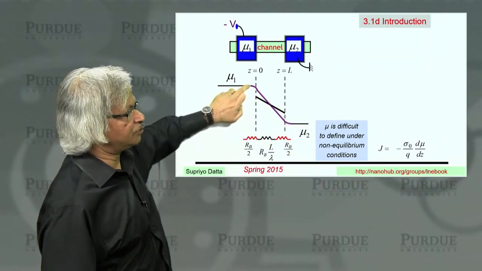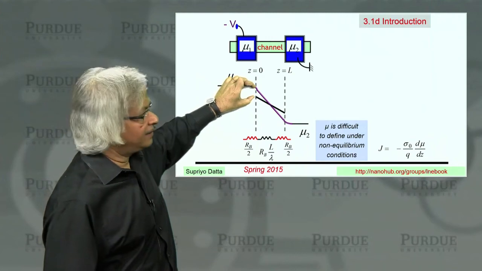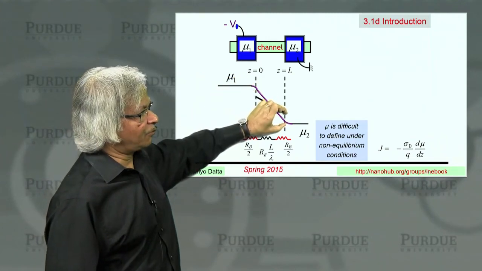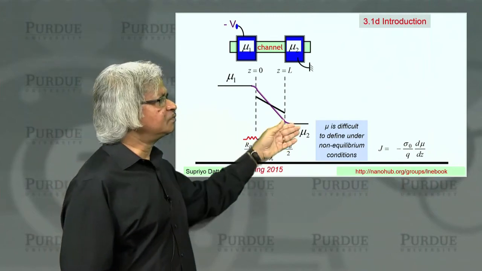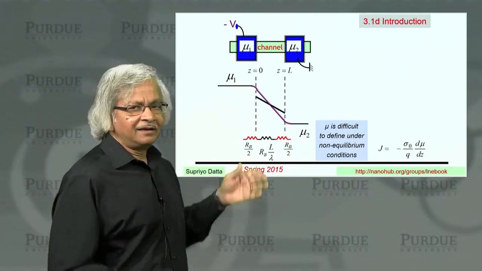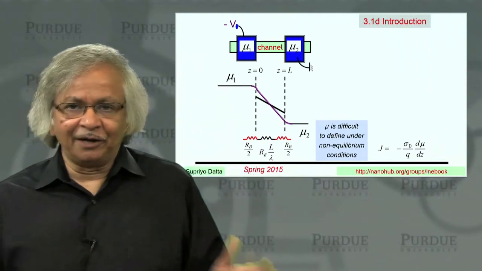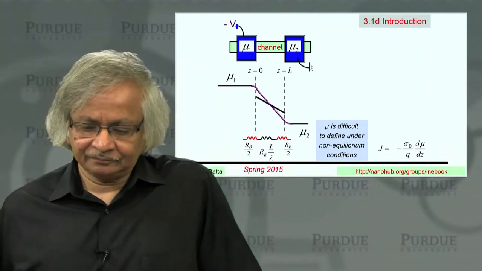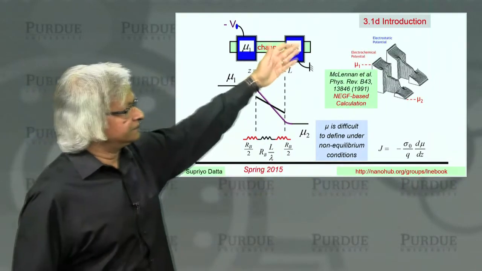It's a smoothed out version. It doesn't quite show these discontinuities. The ones that I say are associated with the ballistic resistance. It smooths it all out, which means looking at the electrostatic potential, you don't quite get that part of the physics at all.